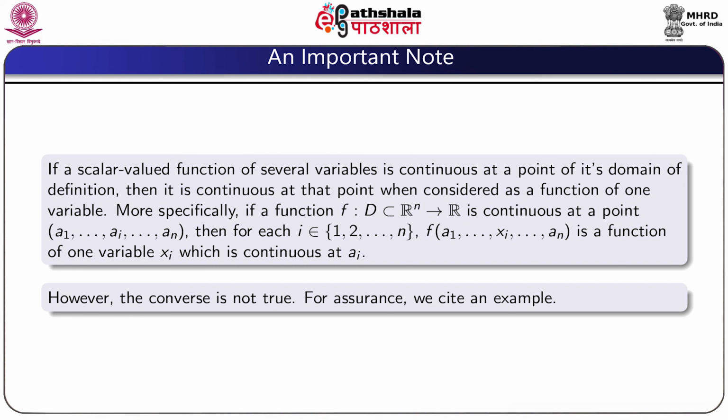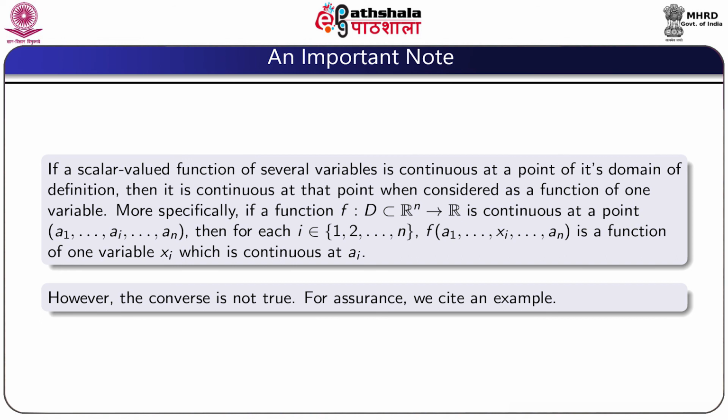An important note: if a scalar valued function of several variables is continuous at a point of its domain of definition, then it is continuous at the point when considered as a function of one variable. To be specific, let f be a scalar field defined on a set D. It is continuous at a point (a1, ..., an).